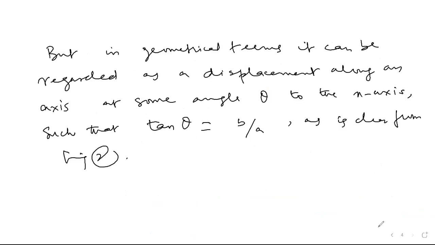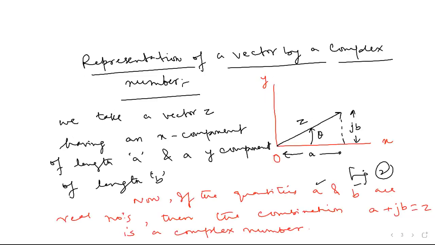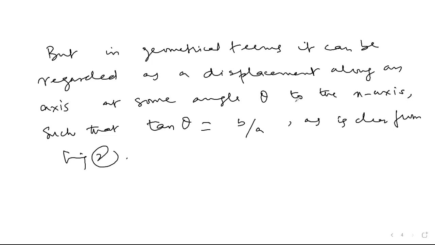But in geometrical terms, this complex number z is actually a displacement from origin, as is indicated in this figure 2, along a direction making angle theta with the x-axis such that tan theta is b by a, right?